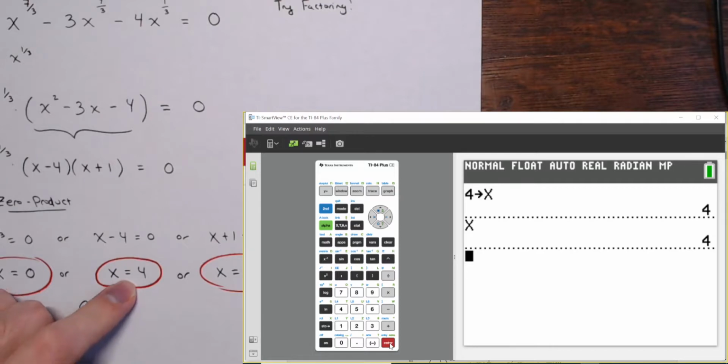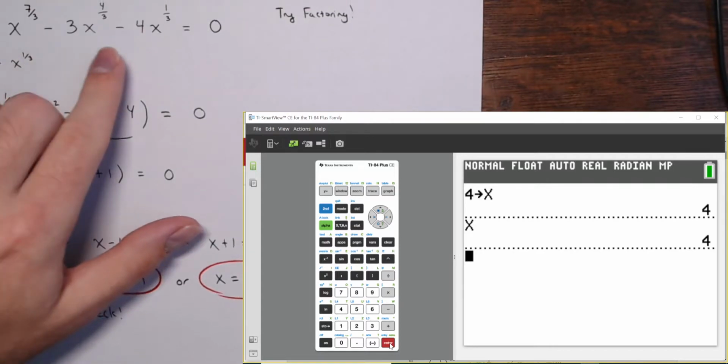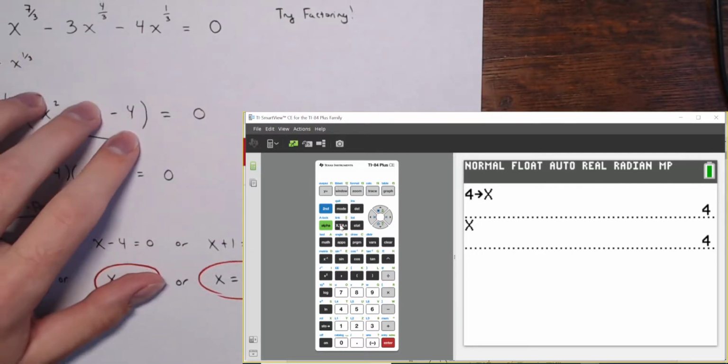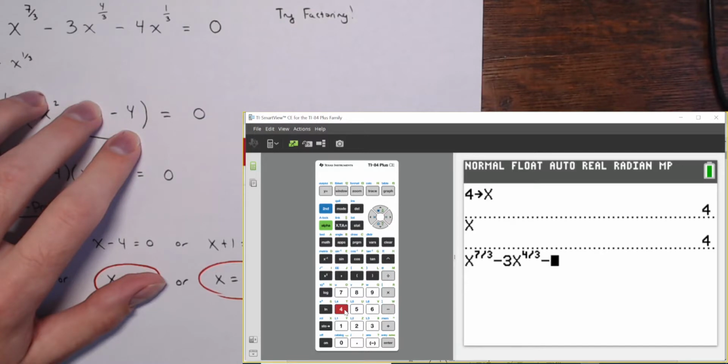And I'll just enter this expression that's on the left side here, and hopefully we get 0. So x raised to the 7/3 power, minus 3 times x, which is 4, raised to the 4/3 power, and then minus 4 times x, which is again 4, raised to the 1/3 power, and hopefully this gives me 0.